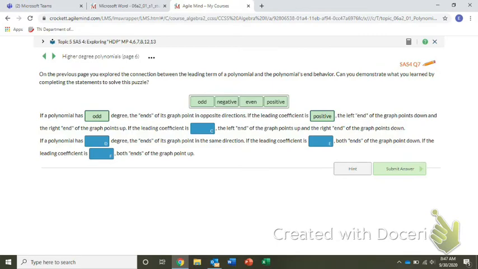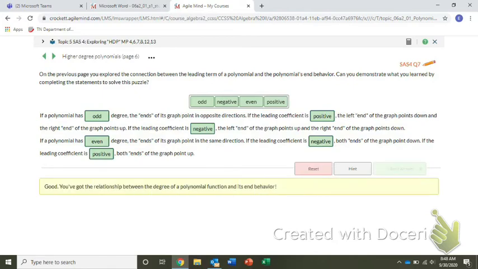If the leading coefficient is negative, the left end of the graph points up and the right end of the graph points down. If a polynomial has even degree, the ends of the graph point in the same direction. If the leading coefficient is negative, both ends of the graph point down. If the leading coefficient is positive, both ends of the graph point up.